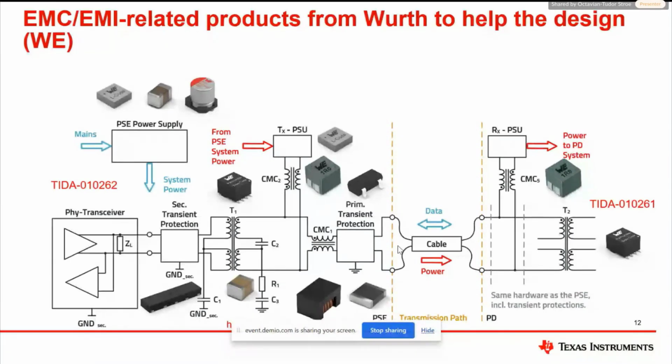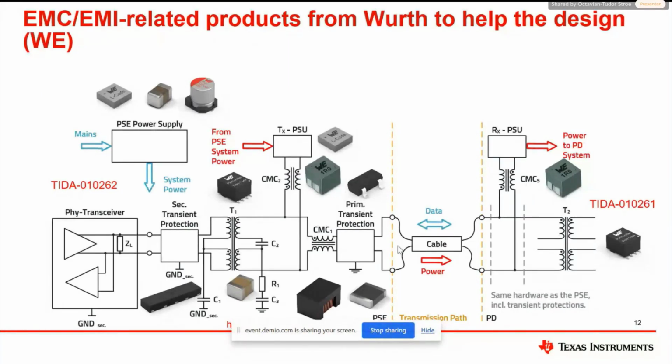On the left side is the PSE, the power sourcing equipment, which in this case is the TIDA-010262. On the right side is the PD, which is TIDA-010261. In between, of course, we have the transmission path, which in this case is the cable.